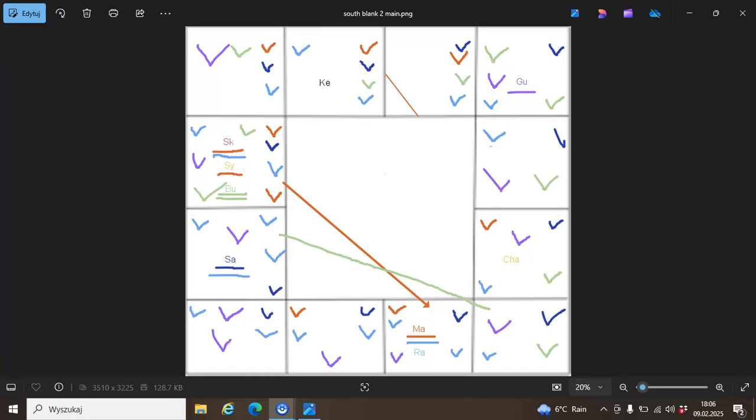Danu is an odd sign, so we'll be counting clockwise to its own ruler. Here it is again Jupiter, and we see Jupiter has gone 7 places or signs or houses away from the sign it owns, which is Danu.